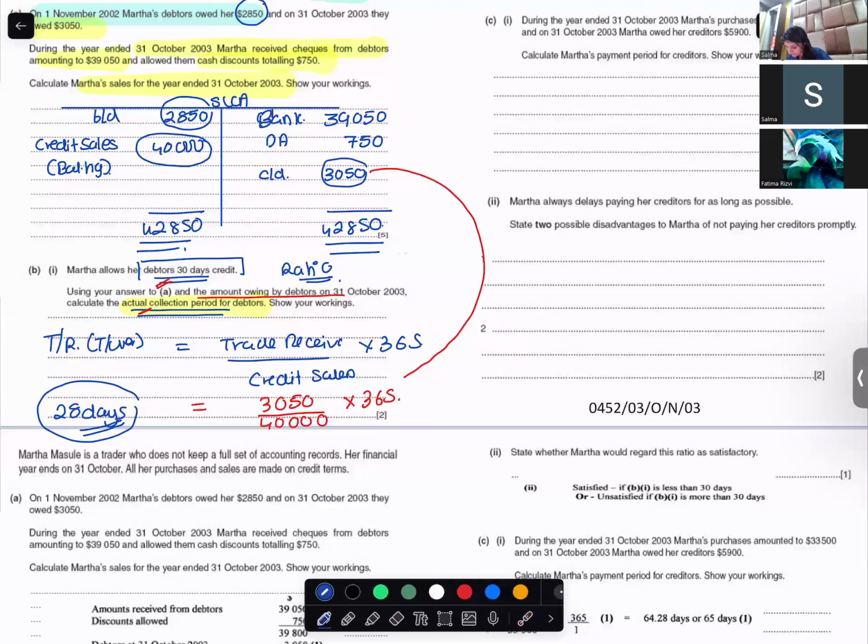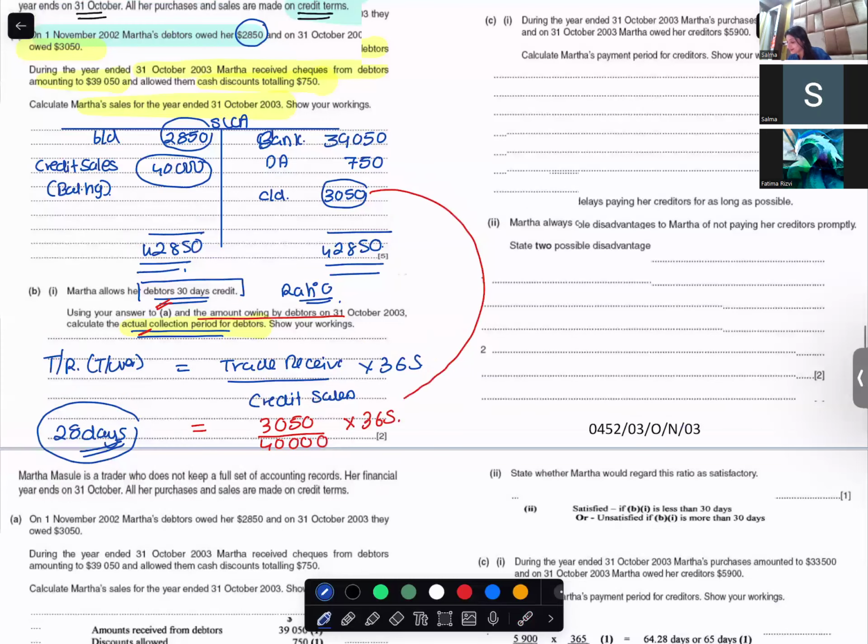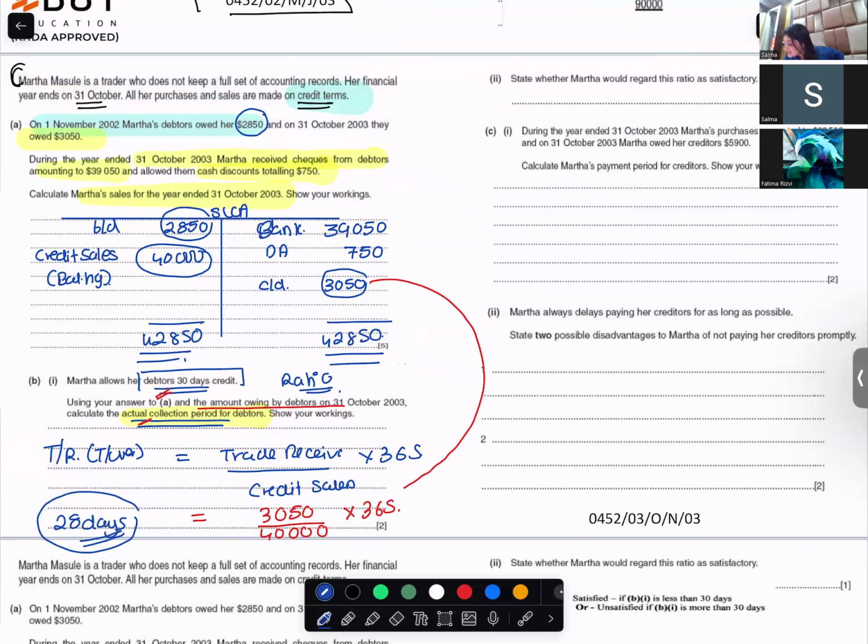You have given them a 30 day time period to pay, but they pay you in 28 days, meaning they are good people and your credit terms are good. Whether Martha would regard this ratio as satisfactory: it's satisfactory because it is less than 30 days.